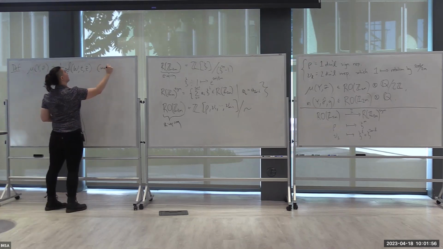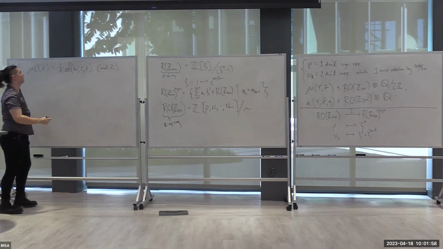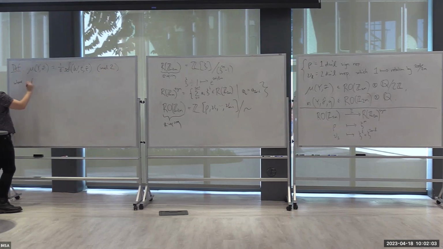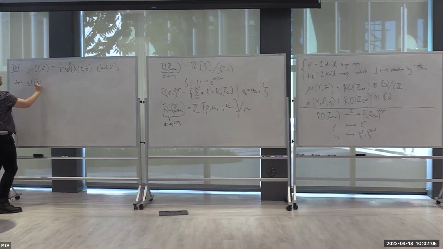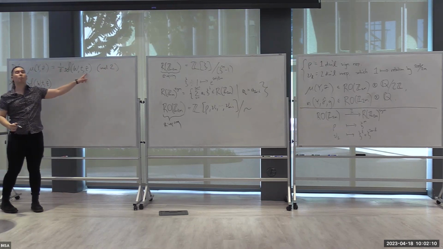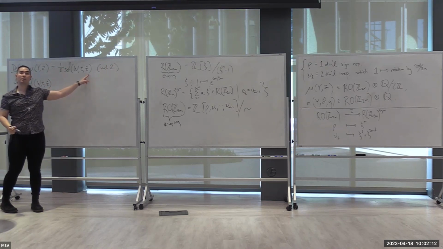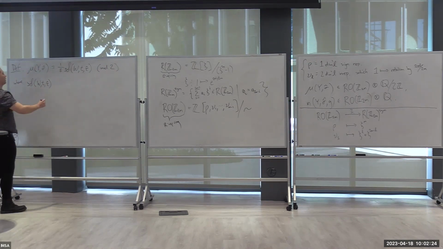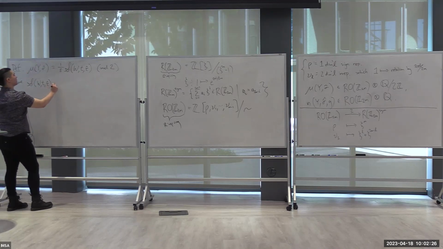Take this mod 2. All right, where this is going to be a certain equivariant refinement of the signature, but it is not the equivariant signature. It really comes from the G-spin theorem. All right, so this is going to be what?